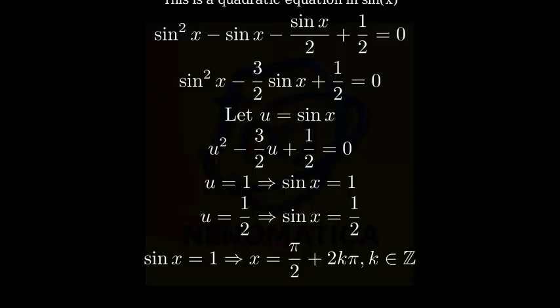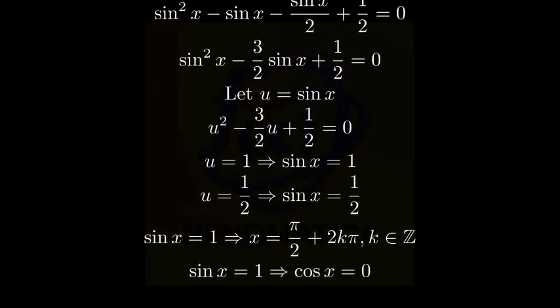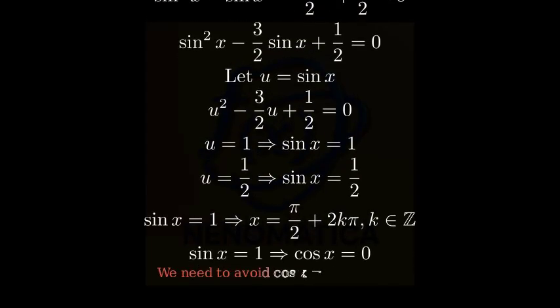But we need to check if this is compatible with our requirement in case 2. When sine x equals 1, cosine x equals 0. But we need to avoid situations where cosine x equals 0, because that would make our original f of x value also 0, which doesn't work with case 2. So, the solution sine x equals 1 actually creates an invalid case.